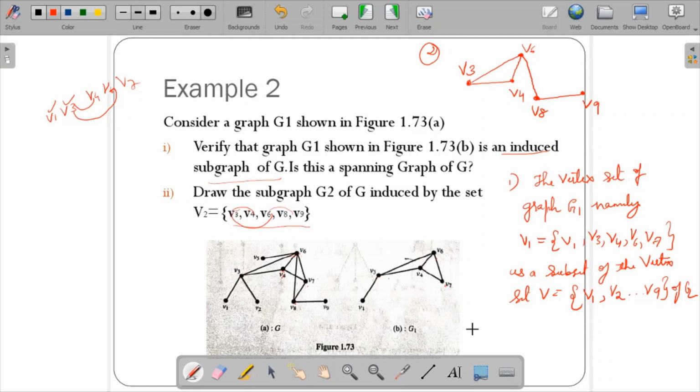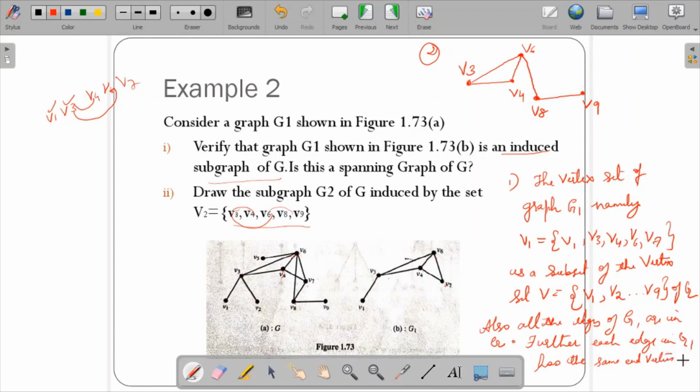After that, also all the edges of G1 are in G. Further, each edge in G1 has the same end vertices in G as in G1. Therefore, G1 is a subgraph of G.